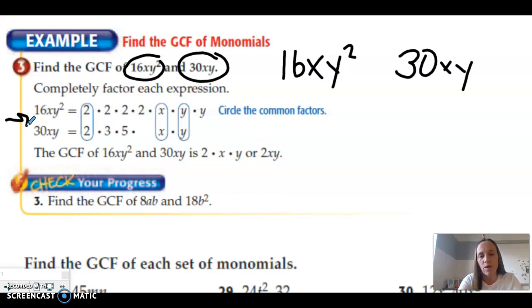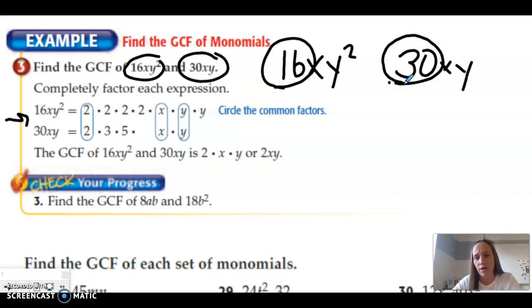So for example, the first thing I need to do is figure out what's the GCF of 16 and 30. The greatest number that 16 and 30 would both divide by. And that would be 2. So the GCF of the numeric part is 2. Now I have to go and look at the variables. I have x, y, y, x times y times y, and then I have x times y.